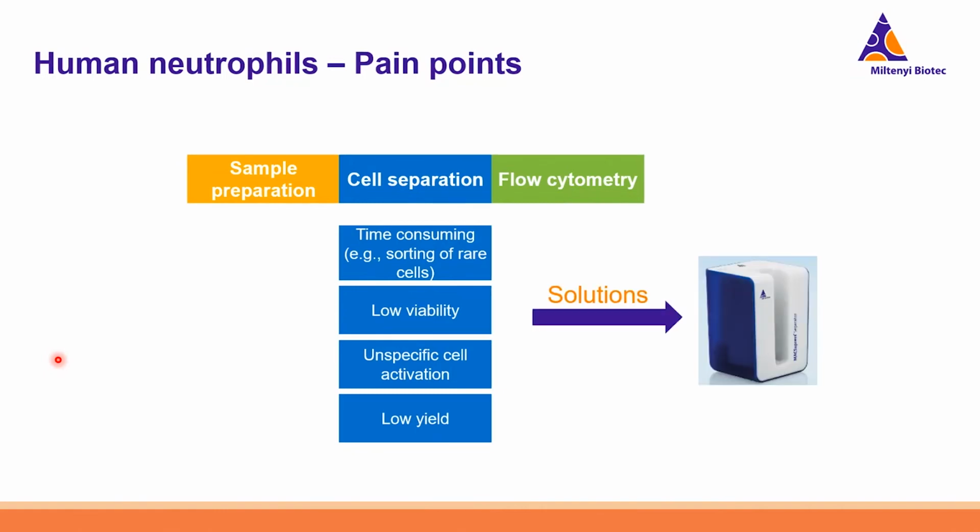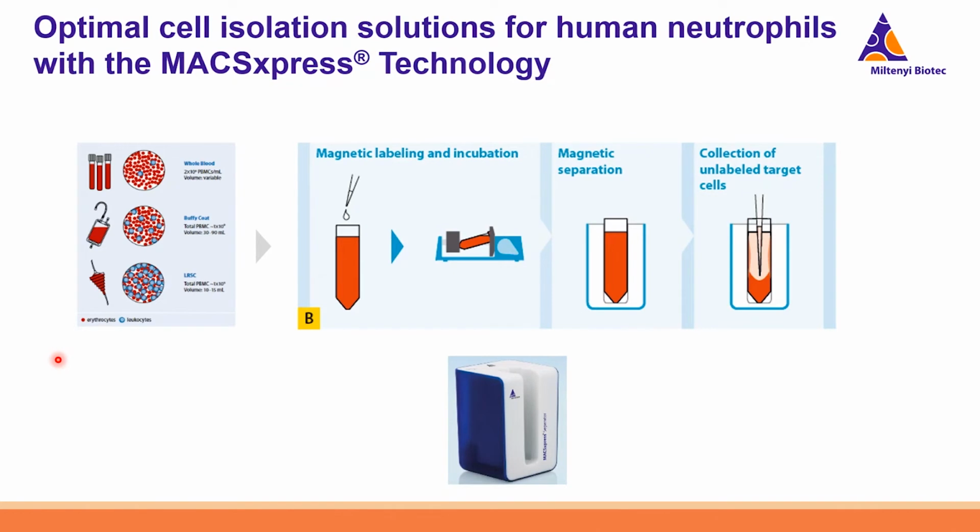Well, let's have a look together at our MACSxpress technology. Human neutrophils are usually obtained by density gradient centrifugation. However, this method is exceedingly time consuming and frequently results in neutrophil populations that are contaminated by other leukocytes, mainly eosinophils. With the MACSxpress technology, untouched human neutrophils can be isolated from whole blood within 20 minutes.